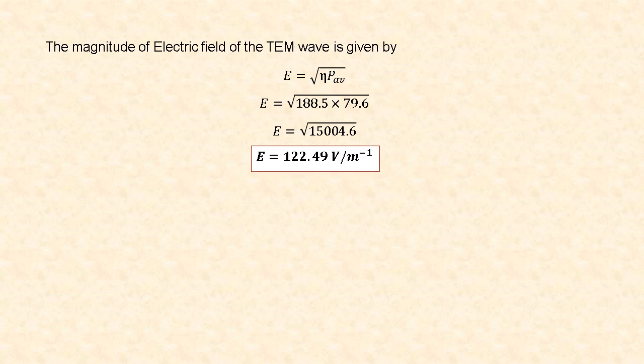So substituting for P average and eta, we have square root of 188.5 into 79.6, which is equal to square root of 15004.6, which is equal to 122.49 volt per meter. Hence the magnitude of electric field of the transverse electromagnetic wave is 122.49 volt per meter.